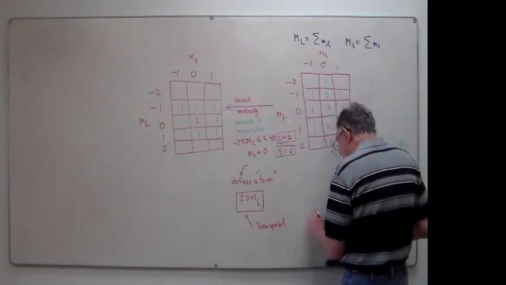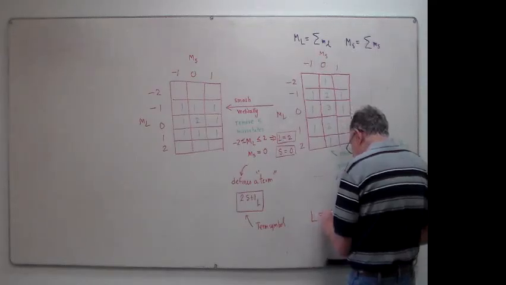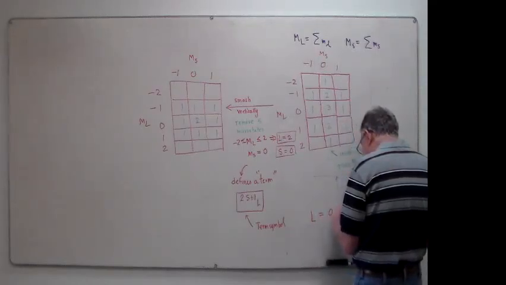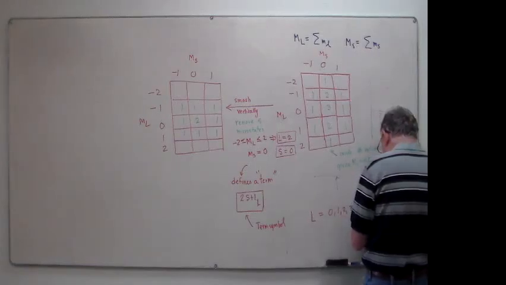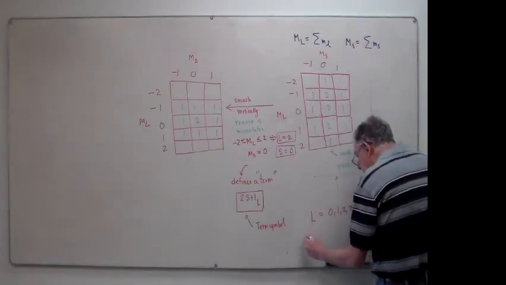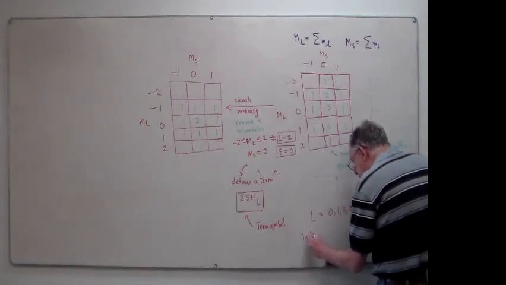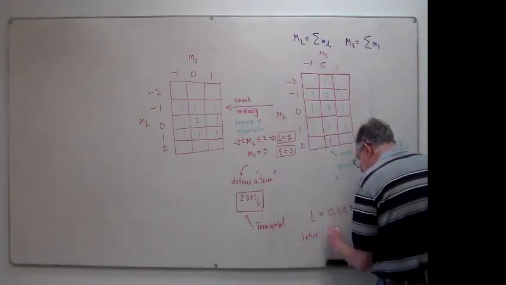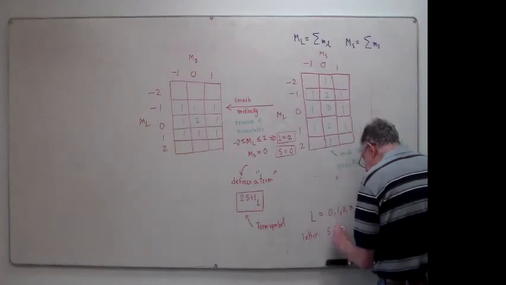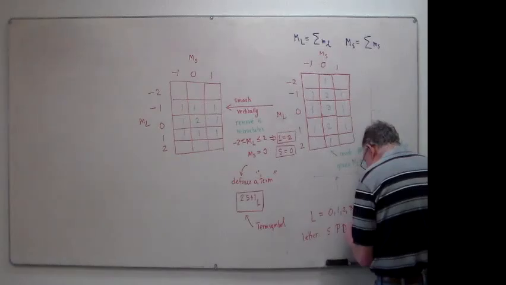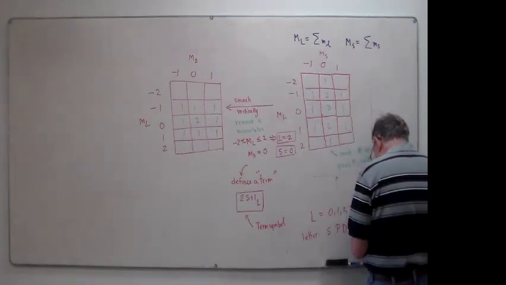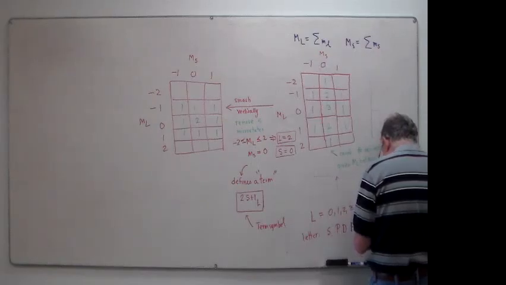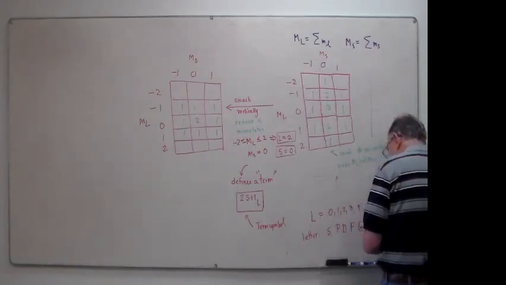So for L, if L takes on the values 0, 1, 2, 3, 4, 5, 6, there's a letter value that goes with that. S for 0, capital P for 1, capital D for 2, capital F for 3, G for 4, H for 5, I for 6, and so on.